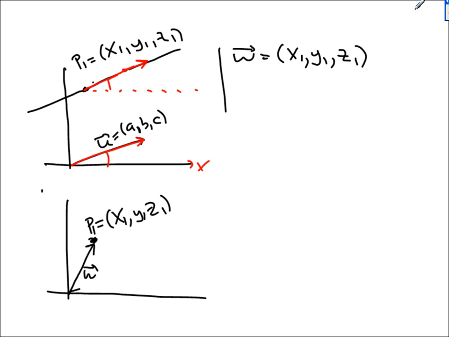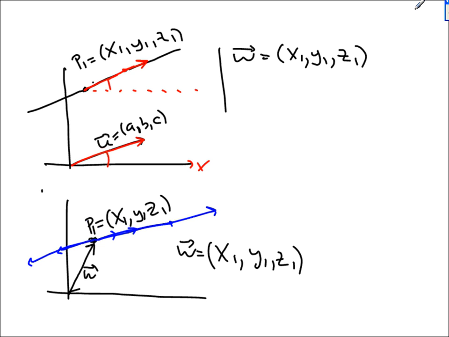Okay? Now that I'm there, I want to add on not exactly vector u, but maybe 2 times u, or maybe 0.5 times u, or maybe 17 times u, or maybe -1 times u, or -1.5 times u. So since I'm not writing that much, let me just put w here. w is the point P1.